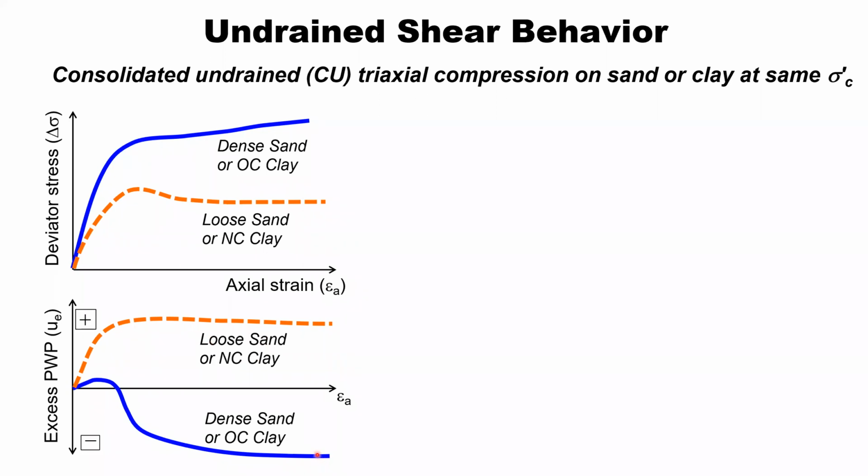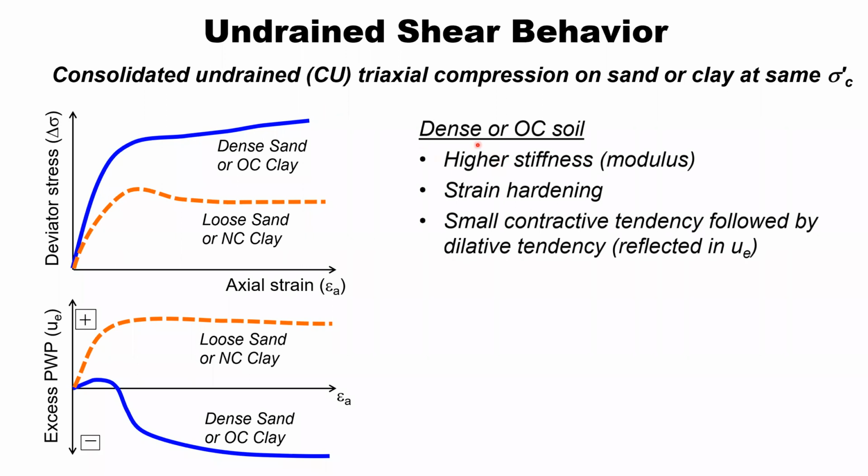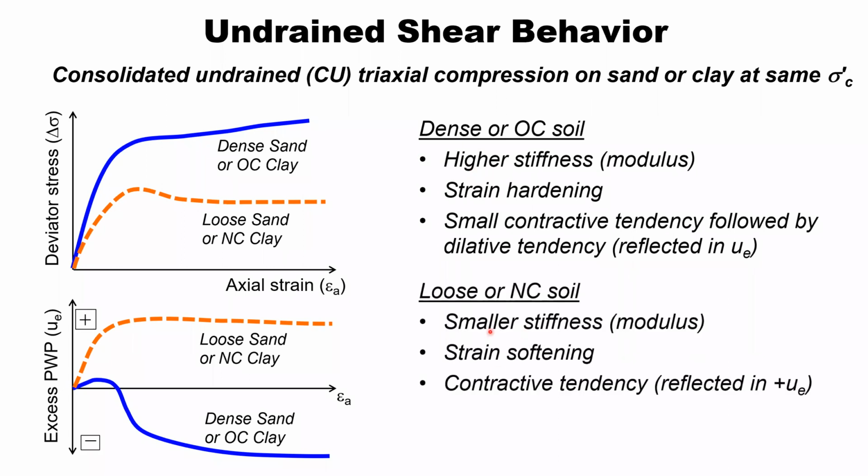That negative excess pore water pressure, remember from our effective stress equation, means that the effective stress is going up and the shearing resistance ultimately goes up as well. So once again, this dense soil is going to have higher stiffness and be strain hardening. The loose soil is going to have the contractive tendency. It's going to reflect as an increase in excess pore water pressures and be strain softening.